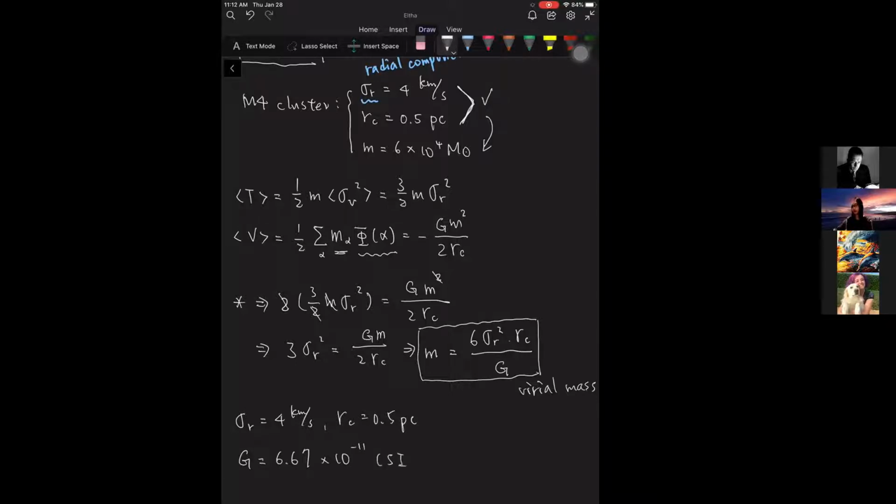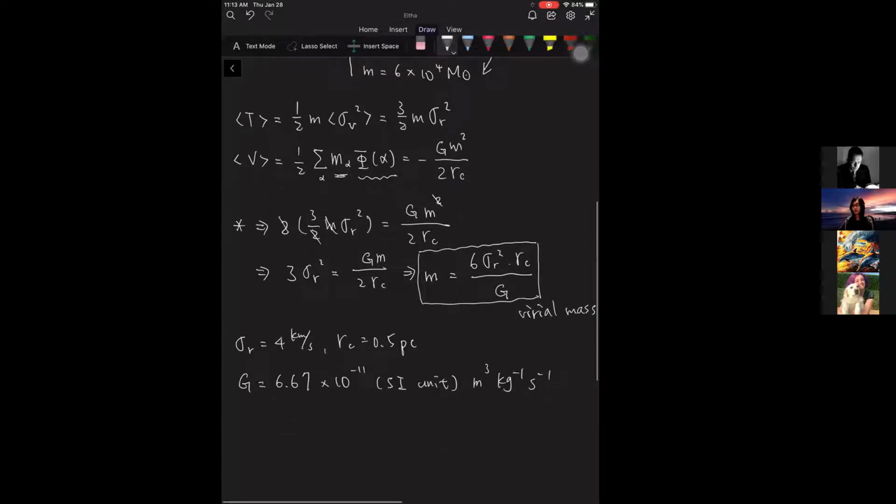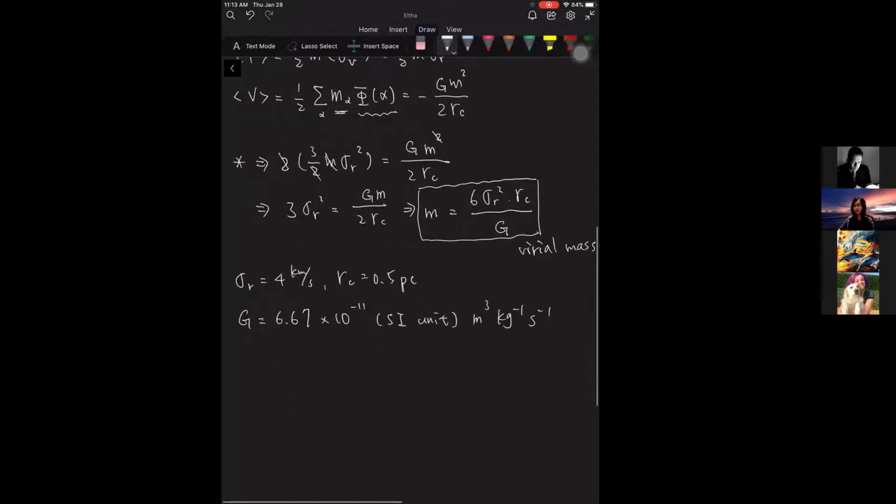This is in SI unit, so the unit should be m cubed and s to the minus first. Okay, so let's plug this in.